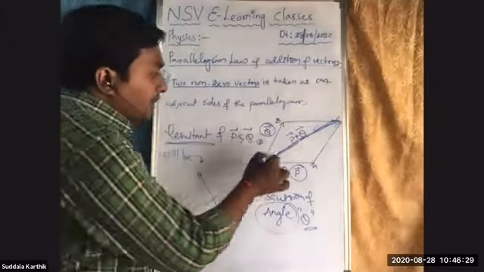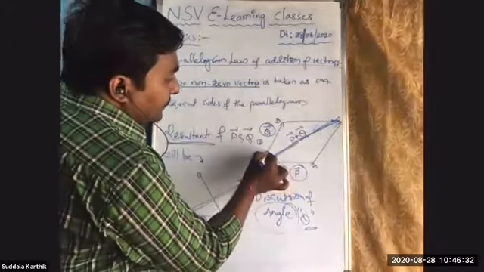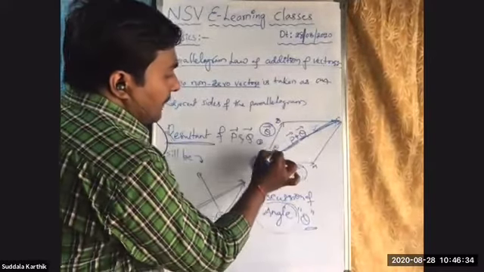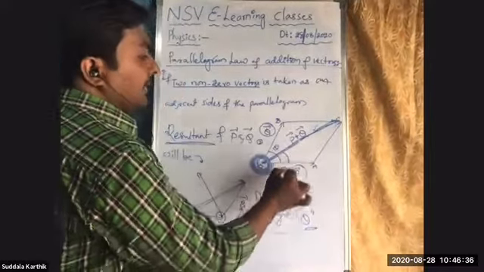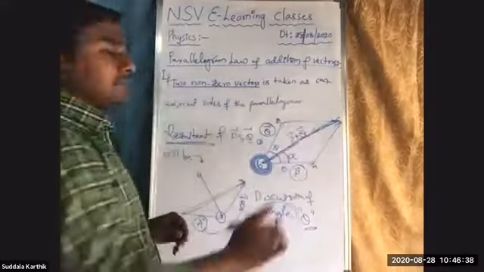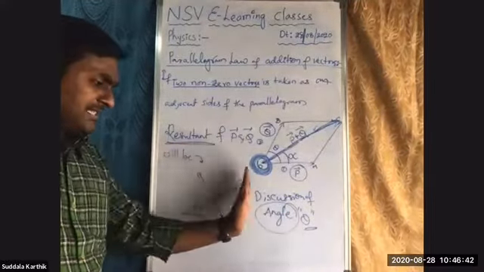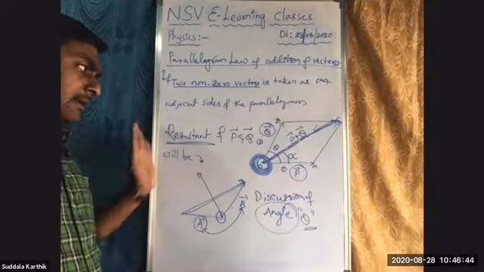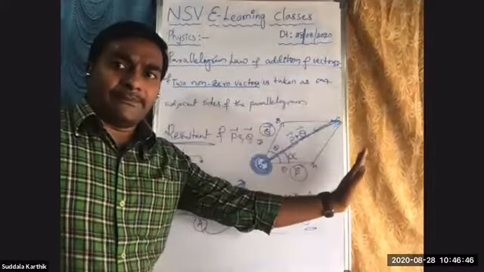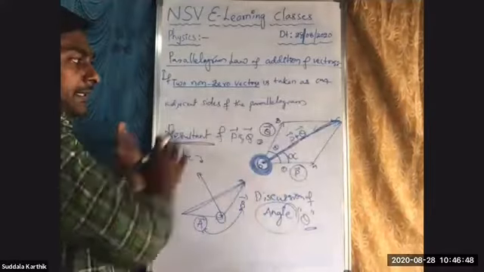But here you must take the angle between the two vectors as theta, and this is the direction alpha. This is a particular triangle law, and this is the parallelogram law. You must learn this law separately.